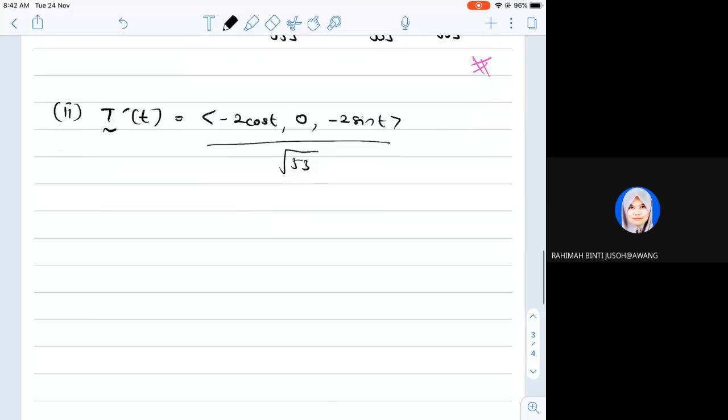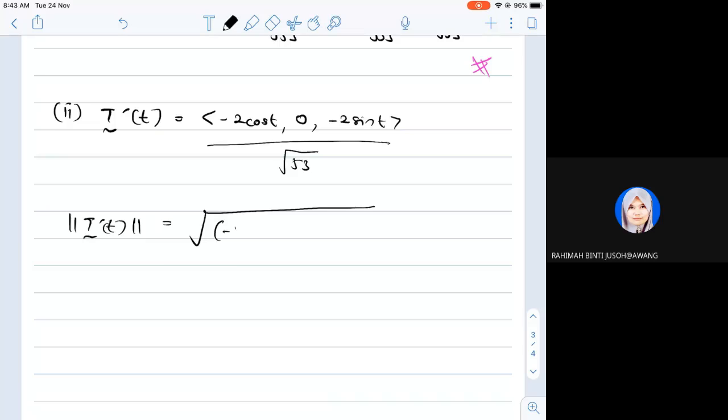Okay, so next what we should do is we need to find the magnitude of T prime t. We have to find the magnitude of this function. So square root of, we have the first term, negative 2 cos t over square root of 53 squared plus 0 squared, and then plus negative 2 over square root of 53 sine t squared.